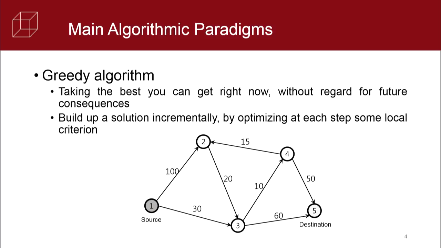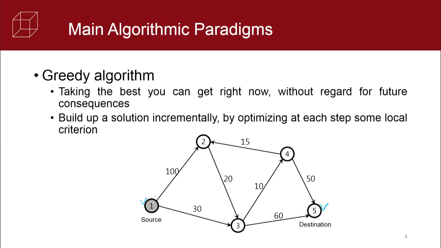In this graph, we'd like to find the shortest path from node 1 to node 5, right? Based on the greedy algorithm, we just choose the best one we can get from now without regard for future consequences.